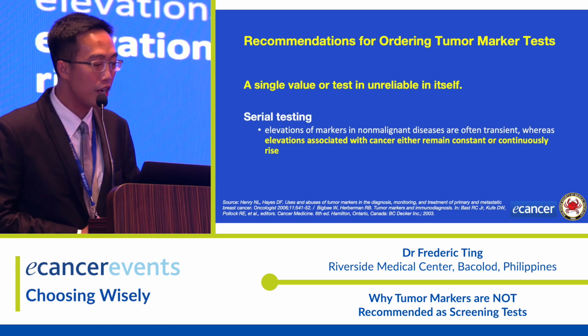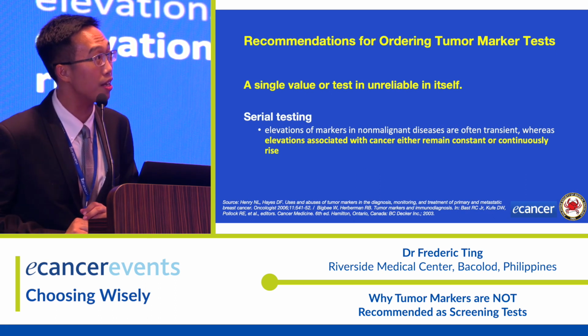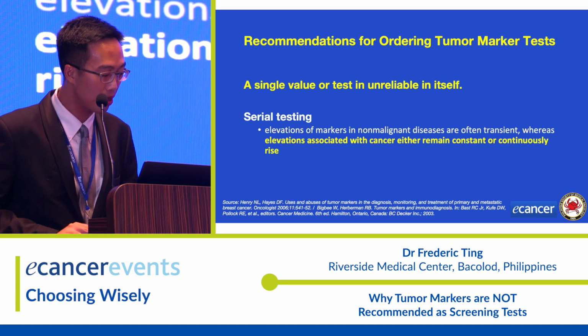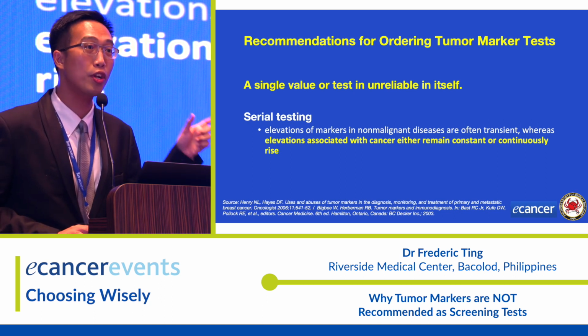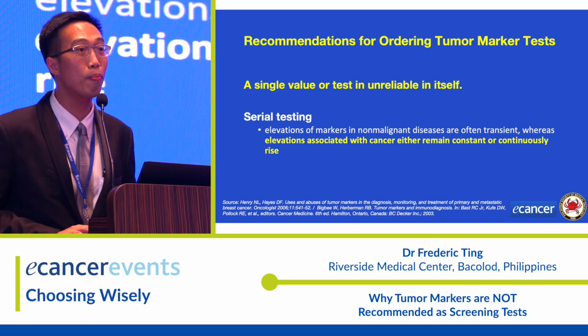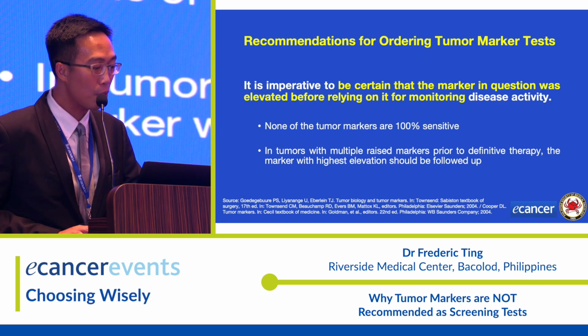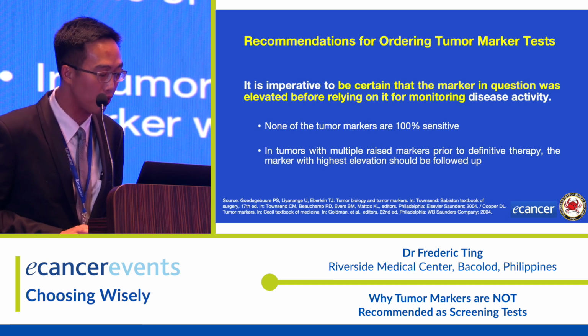So as I've mentioned earlier, a single value or test is unreliable in itself. We need to do serial testing because tumor kinetics, as I've mentioned, is more important than the individual values. So again, it's important to be certain that the marker in question was elevated before relying on it for monitoring disease activity.